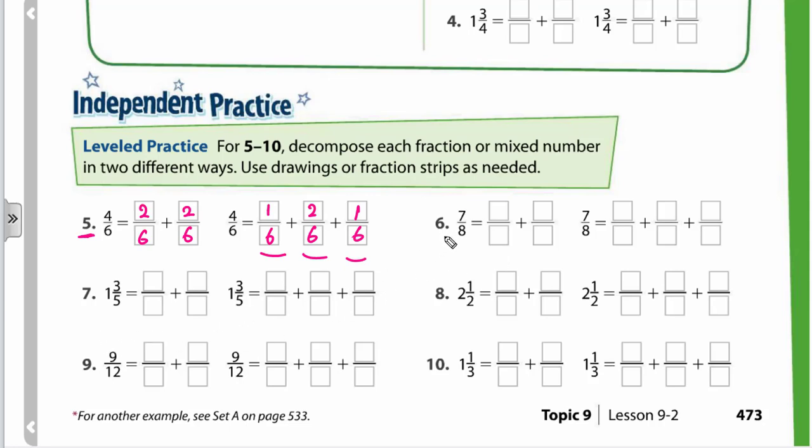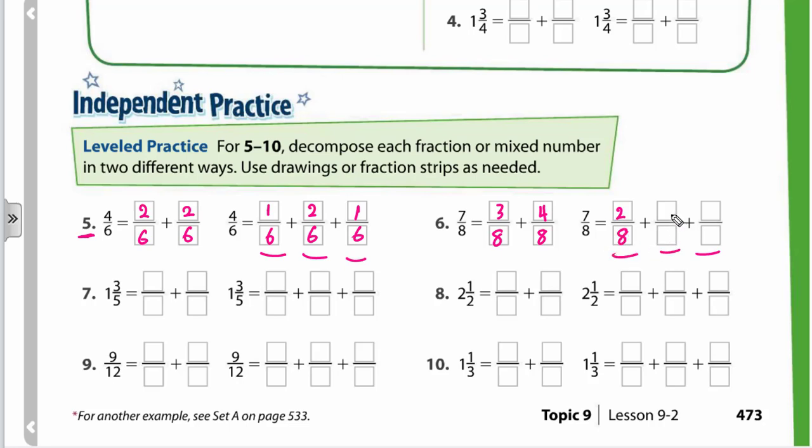Let's answer question number 6. 7/8, break it, decompose it. 3/8 plus 4/8. Excellent. Now decompose it into 3 fractions. 3, 2... to what?